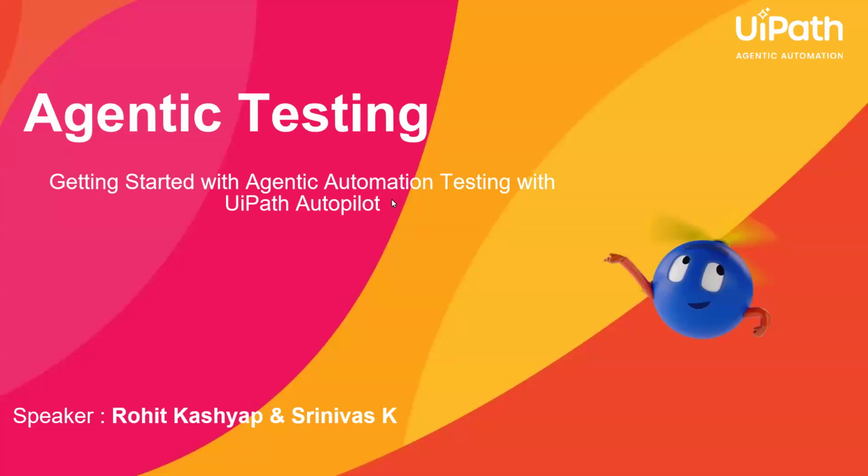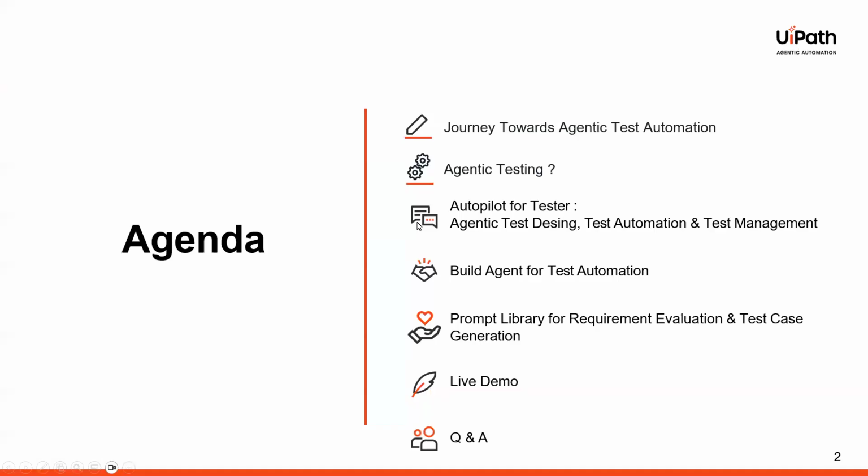So in the next 60 minutes, we will start with the journey towards agentic test automation. Next, we will talk about what agentic testing means. After that, we will look at the idea of an autopilot for testers. From there, we will move into how you can build an agent for test automation.